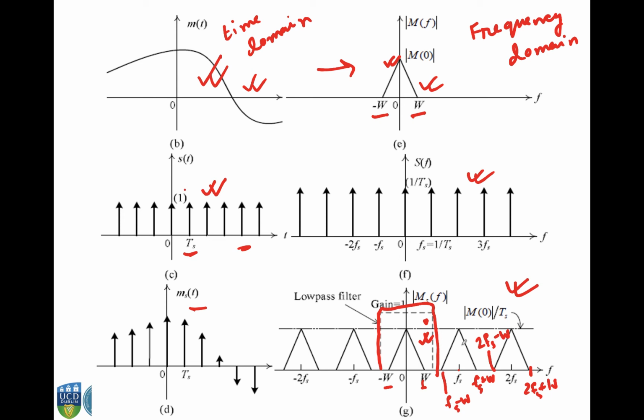I don't want this one, this one, and this one. I just want this part. So I will pass the entire sampled signal through a low pass filter, and in the frequency domain that low pass filter will capture just this part of the signal, which is the original signal.